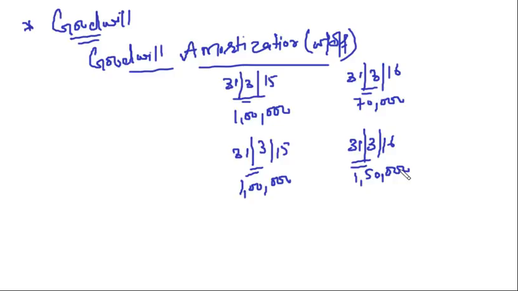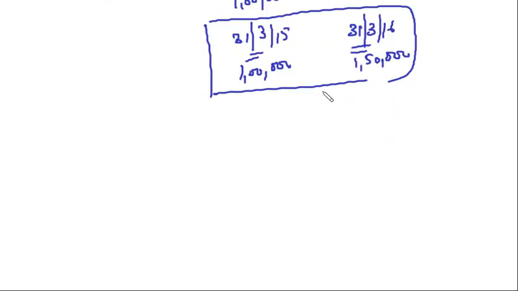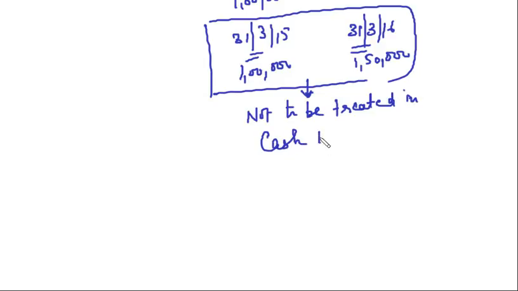But will you show this increased goodwill in your cash flow from operating activities? Just tell me. There is no cash outflow, there is no cash inflow. It is a non-cash item. It will not be treated in cash flow from operating activities, right?